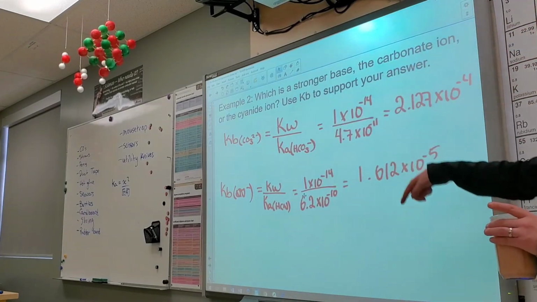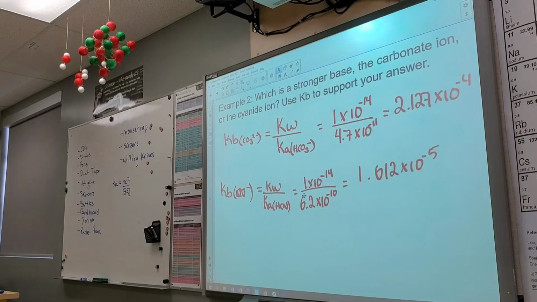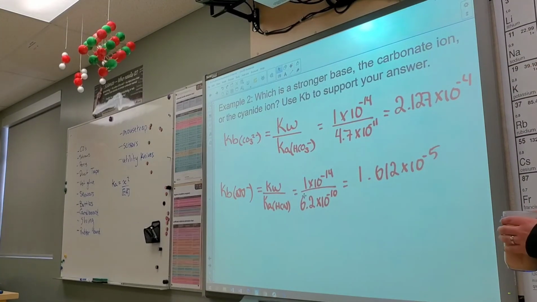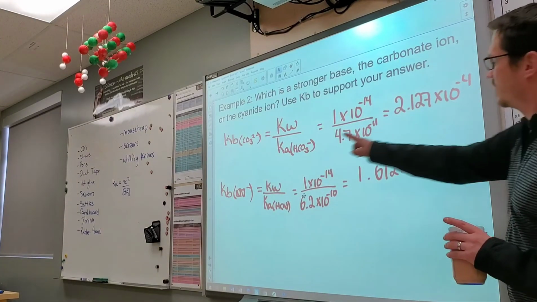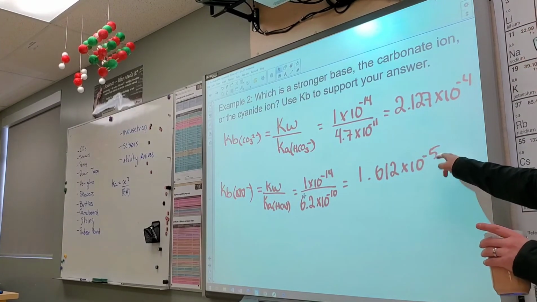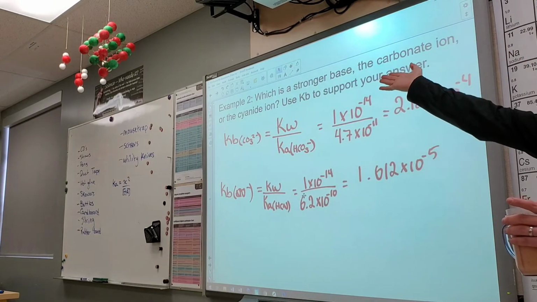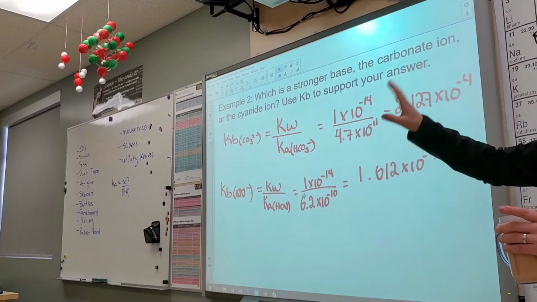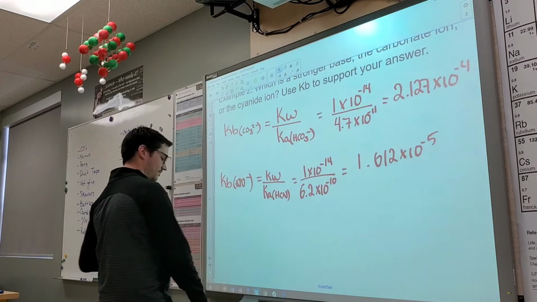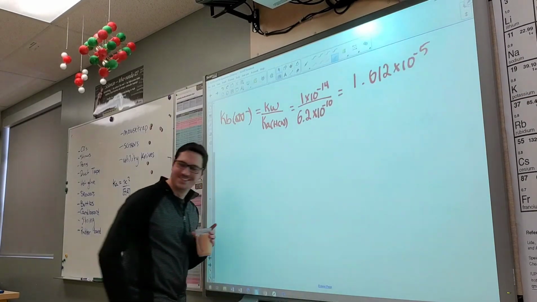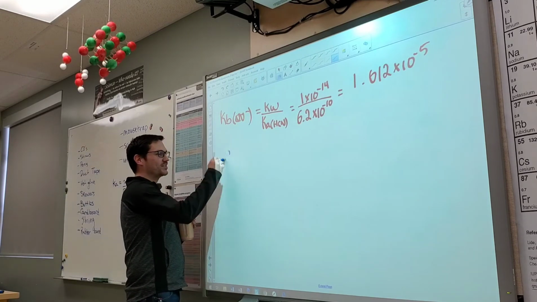Okay, which one of these is a stronger base? Don't look at the chart, look at the KB. Is carbonate a stronger base, or is cyanide a stronger base? Carbonate is a stronger base. Why? If you had to write out a full English sentence, what would you say?